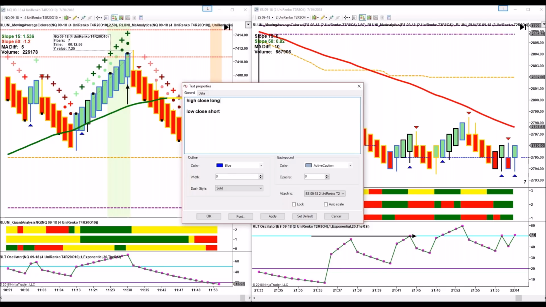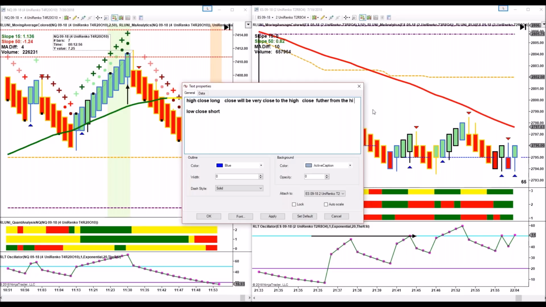So on a strong move up, the close of the candle will be very close to the high of the candle. And then on a weaker move up, the close of the move is going to be further from the high, but it's still going to be a long move.